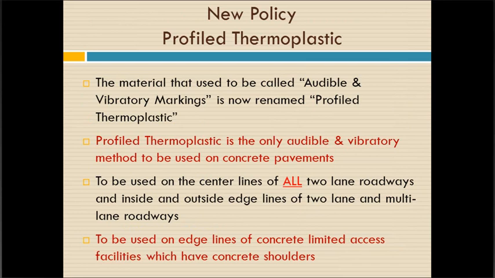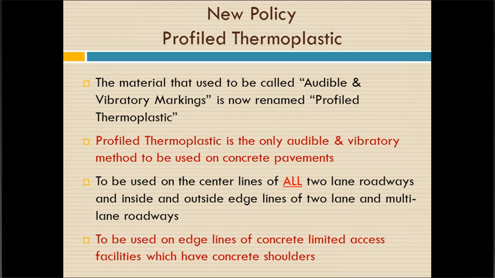Okay, I mentioned one of the new changes was profile thermoplastic. The old material that we used to use for all audible vibratory markings was a profile thermoplastic. So all we're doing, actually, when we started talking about rumble striping, is creating a new method of audible vibratory.